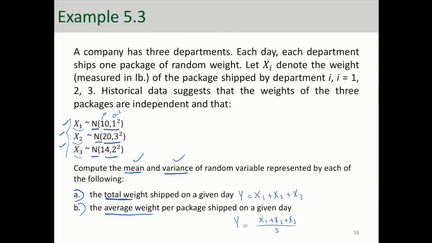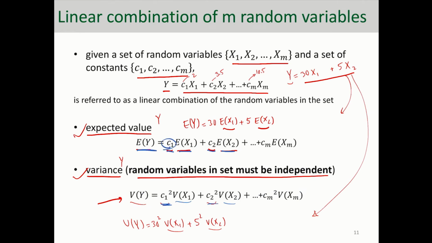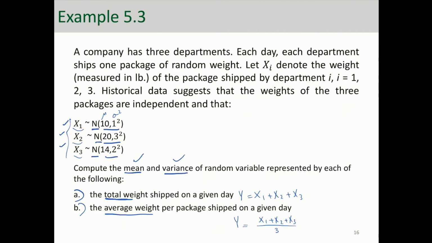Now, in order to calculate the mean and variance of Y for part A and B, we need to know those C values, those coefficients, right? In the case of part A, we know them. Those are just 1. 1 times X1, 1 times X2, 1 times X3. But what are those values for part B?